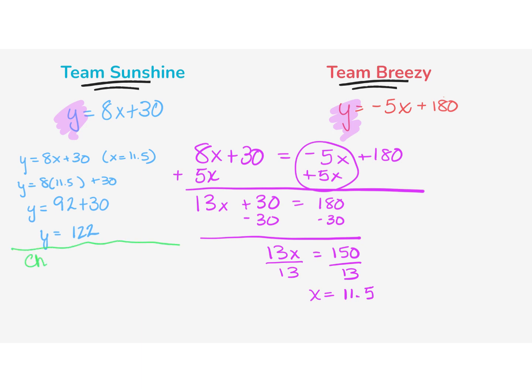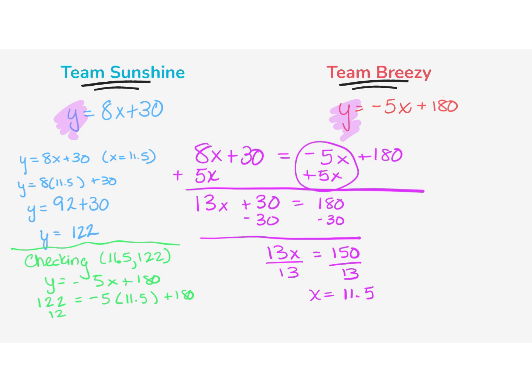So we are checking the values of 11.5 and 122. So here we go. We have y is equal to negative 5x plus 180. And we hope that we have 122 is equal to negative 5 times 11.5 plus 180.